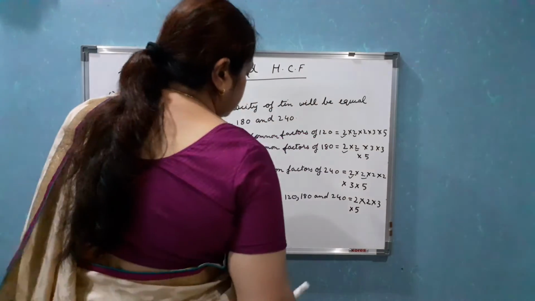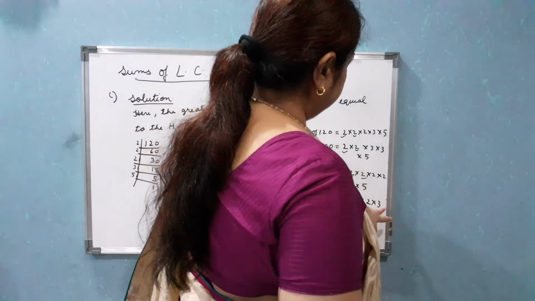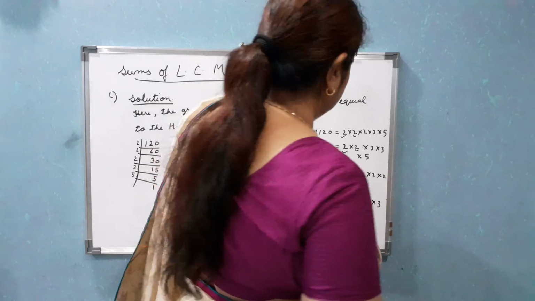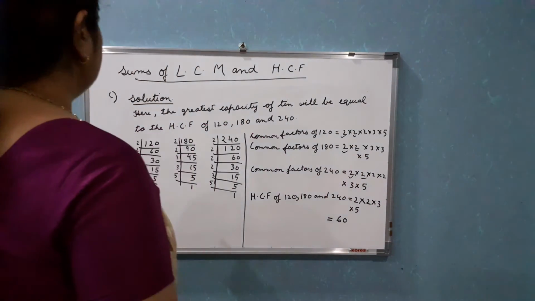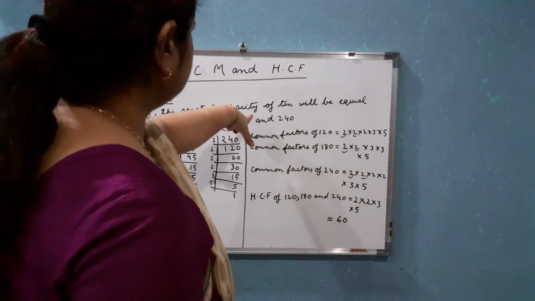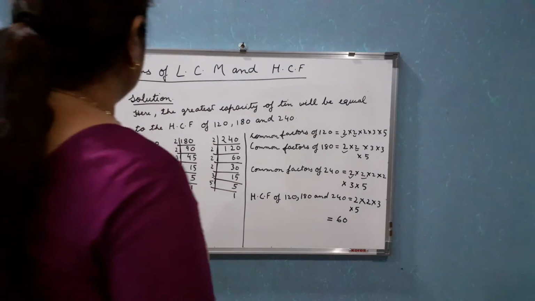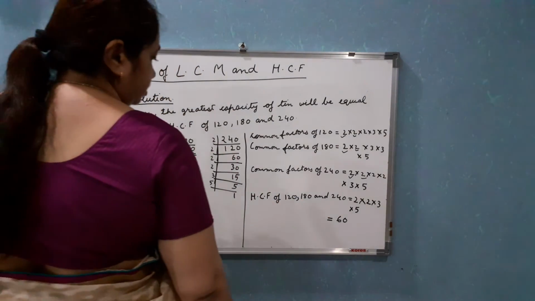So how much it will be? 5 3 15, 2 30, 32, 60. So HCF is 60. So here the greatest capacity of tin will be equal to 60.